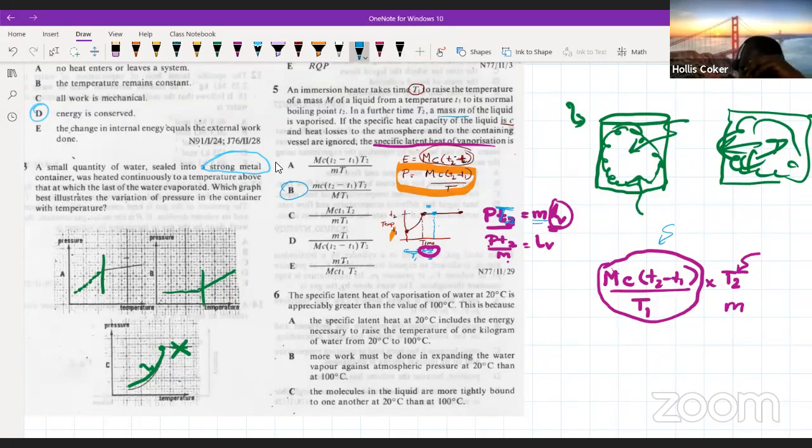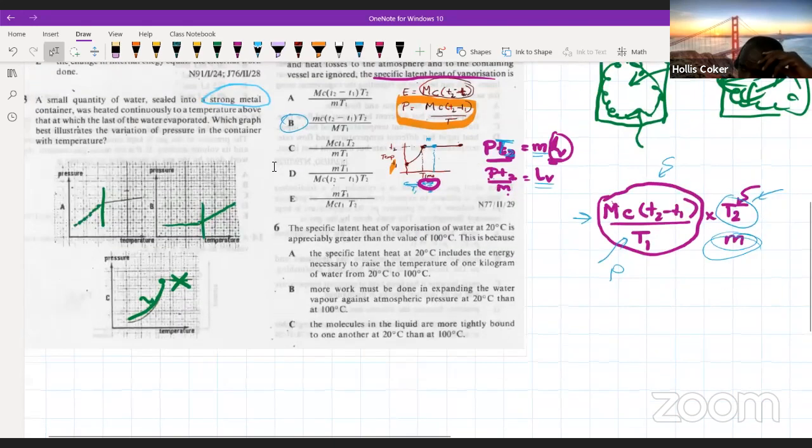So that power by time all over the mass will give us LV. This is your power, your time is T2, and this is your mass vaporized. That's PT over m.